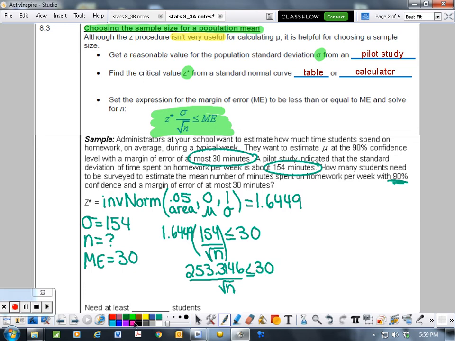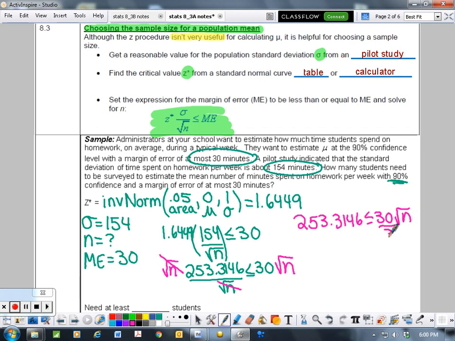Then we move up that square root of n. I multiply by the square root of n on both sides, so that this cancels out with that. And then I have 253.3146 is less than or equal to 30 square root of n.